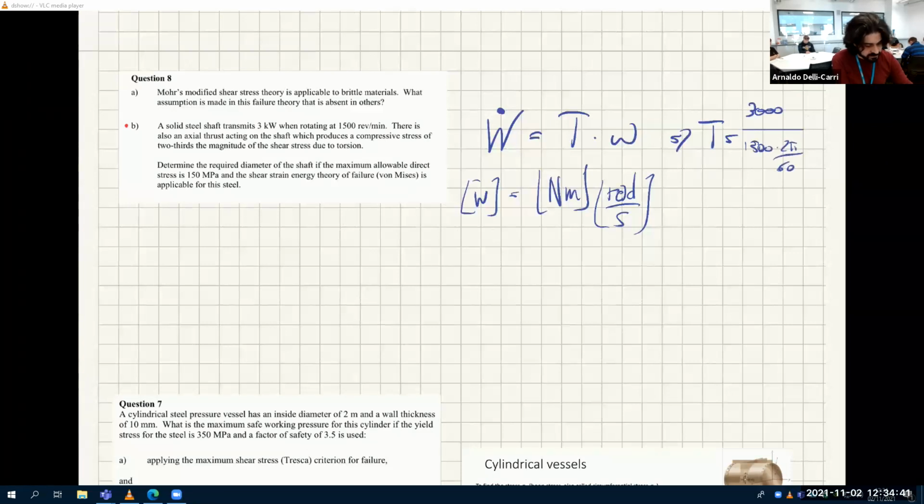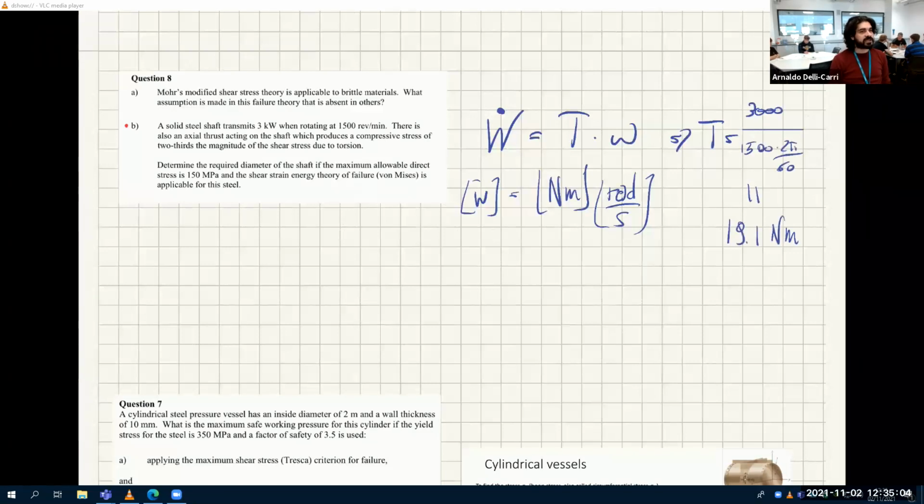How much is this? 19.1 Newton meters. Agreed? Agreed.